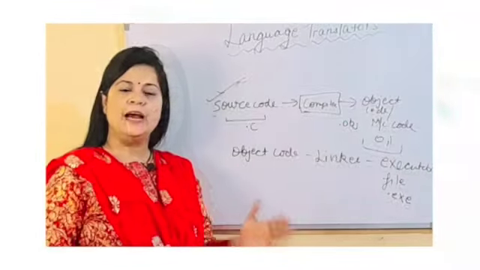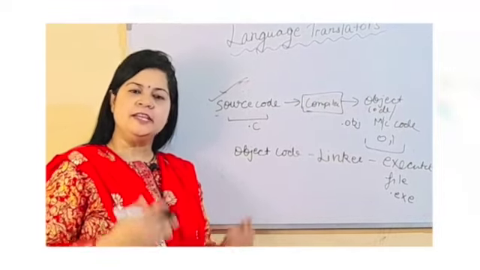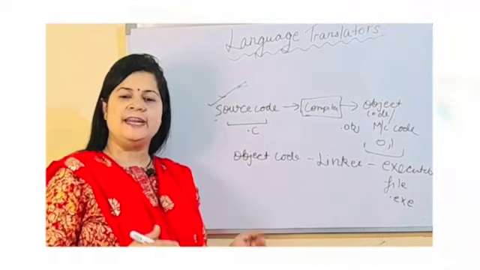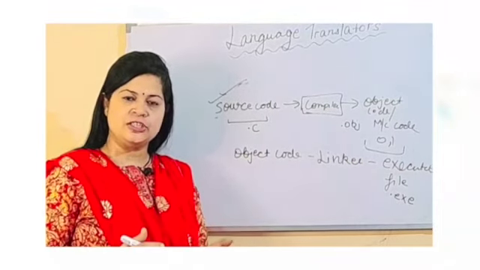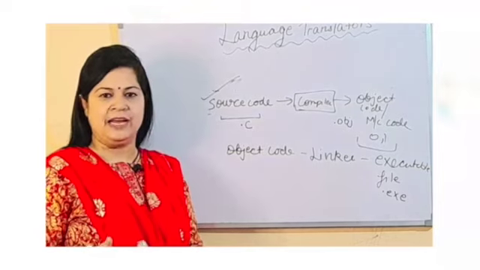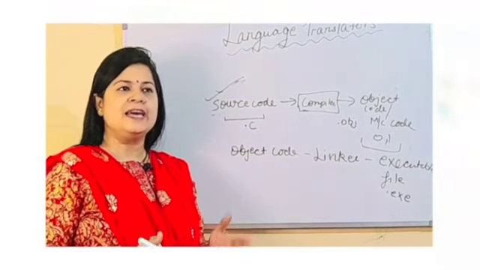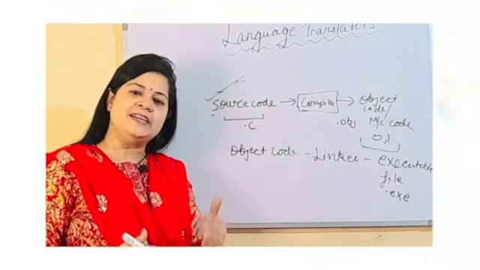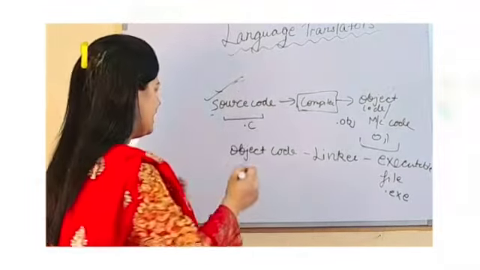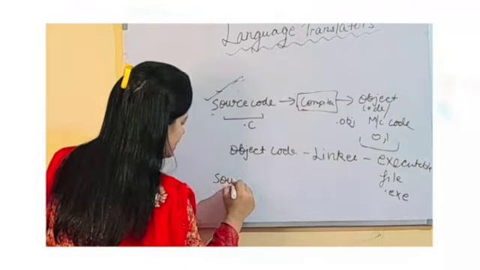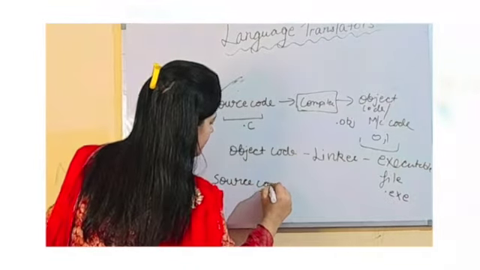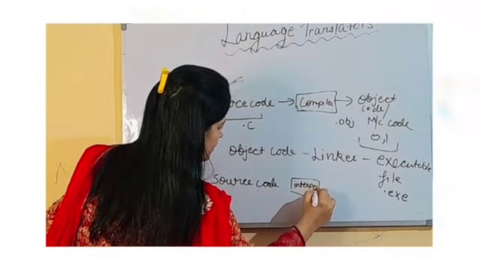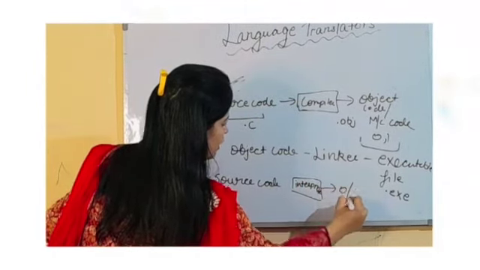Now about the interpreter. An interpreter is also a program that executes the instructions written in a high level language. Or you can say it converts the source program and executes it at the same time. With the help of a diagram, you have the source code, here we have the interpreter, and here we get the output.